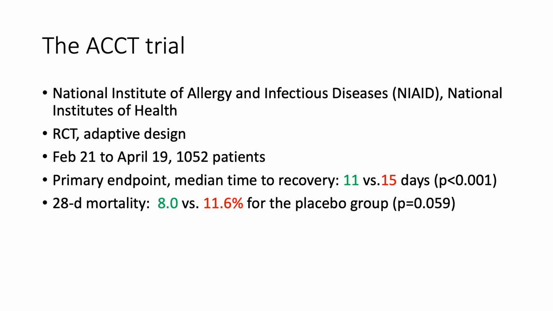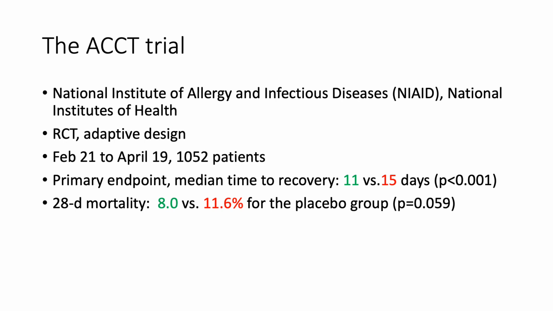And they announced the results of their very large study, much larger than the Wuhan study. This study used an adaptive design in a randomized controlled fashion. An adaptive design is used to change randomization probabilities in such a way that it favors the arm that shows promise during the course of the trial.